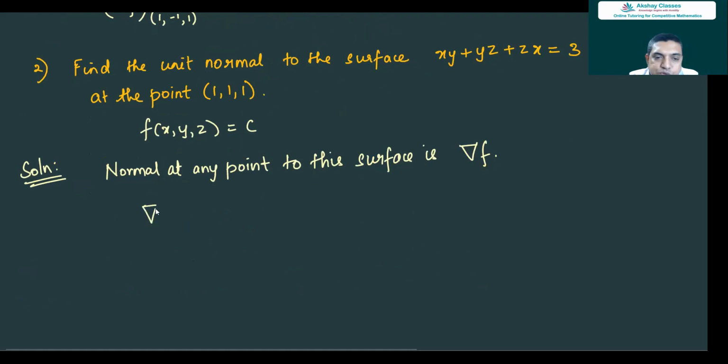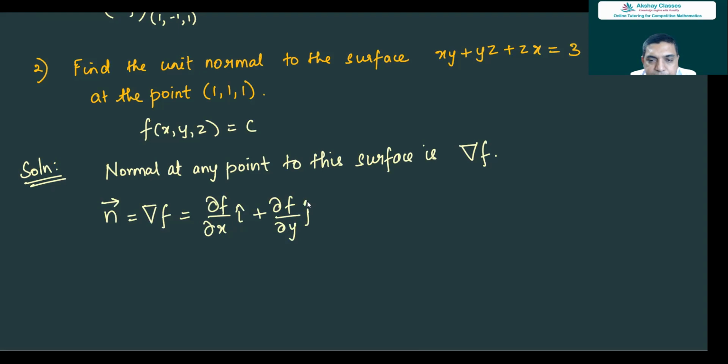So grad f, or you say n bar, is dou f by dou x i cap, dou f by dou y j cap, plus dou f by dou z k cap.